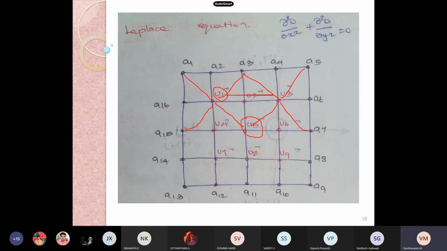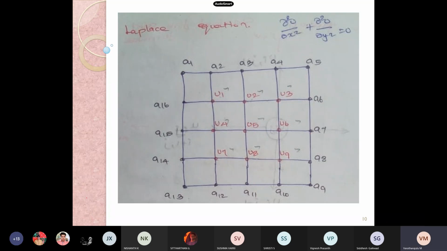Similarly we can find U7 using A13, A15, U5 and A11, and U9 using A11, U5, A7 and A9. Now the odd-numbered U1, U3, U7, U9 are known.